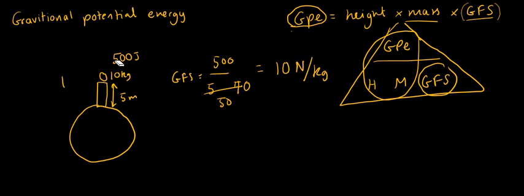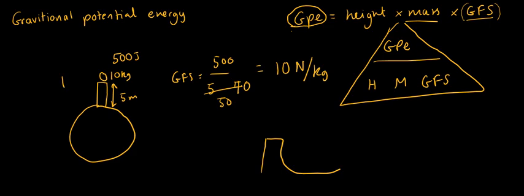Okay, so I could also be given a question where, say, for example, I'm asked to work out what the mass of something is. So let's imagine I've got a skateboarder here that's standing on top of a skateboard, and I am told that the height that the skateboarder is currently at is 2 meters.